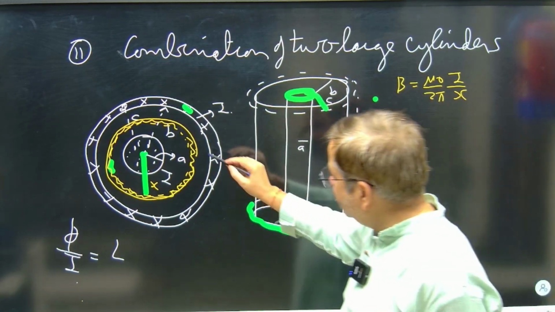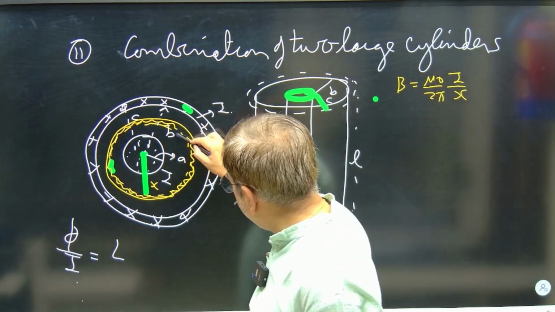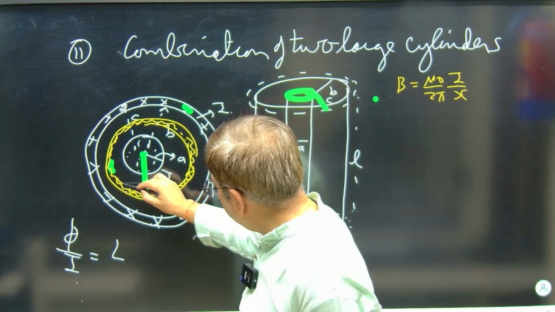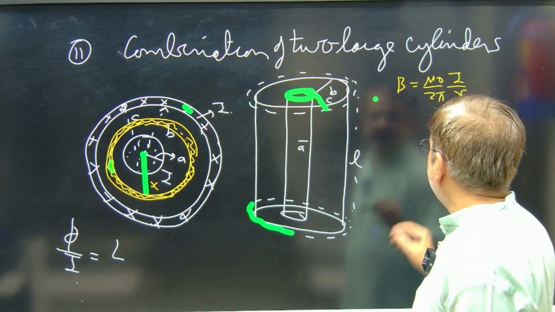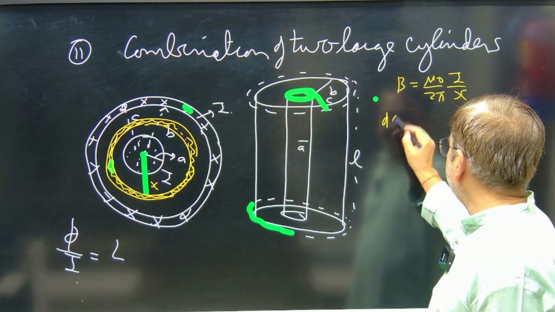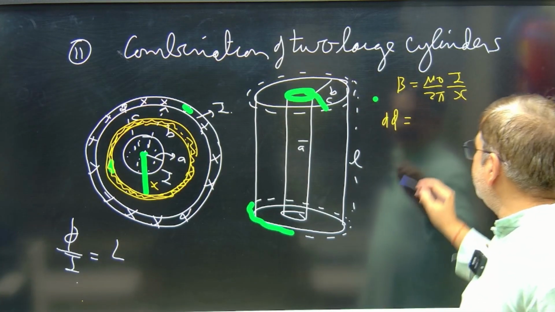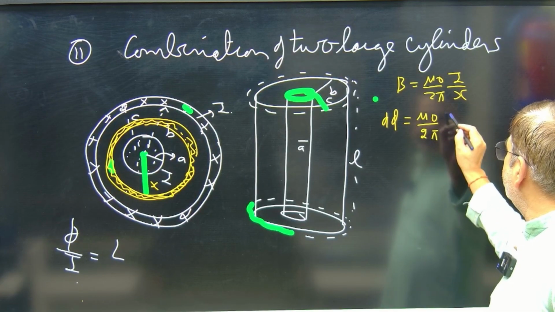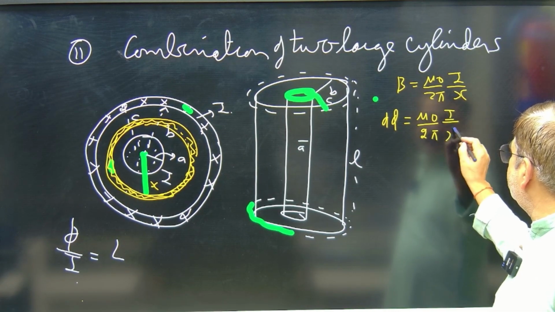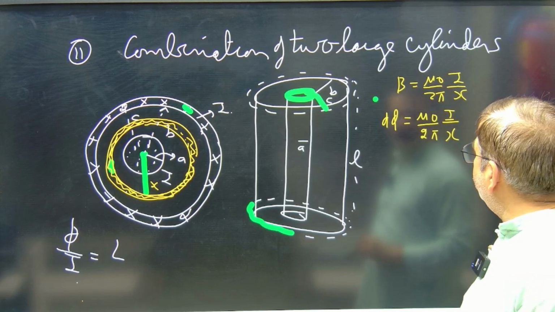Now this is the coaxial cylinder, which is between these two, and it has the radius x. So the flux d phi is the field into the small area, where B is mu naught over 2 pi, I by x. This is the field value.